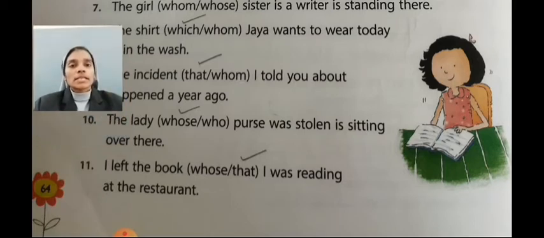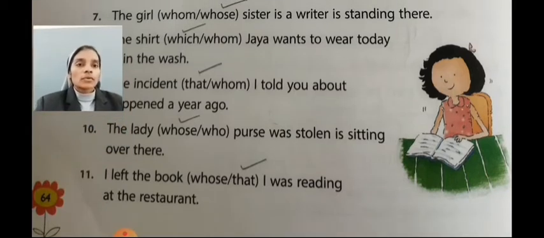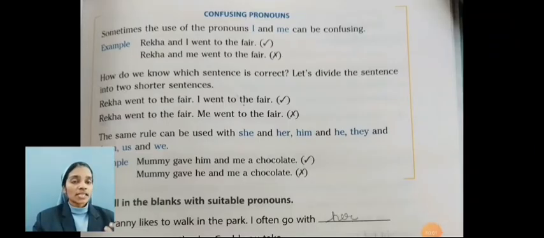Please look at this 10th one. The lady whose purse was stolen is sitting over there. Which is the noun used here? The lady. So we use whose. Next one, I left the book that I was reading at the restaurant.